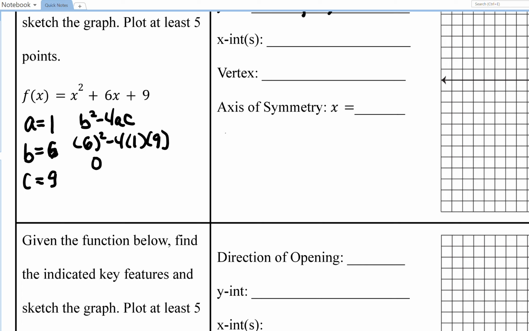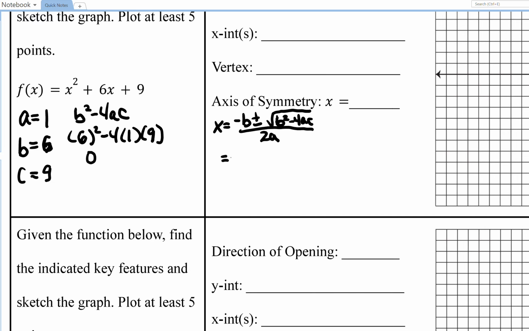My quadratic formula is x equals negative b plus or minus the square root of b squared minus 4ac, all over 2a. Plugging in the values: negative 6 plus or minus the square root of 0, which is 0.